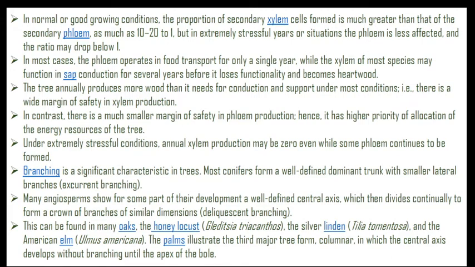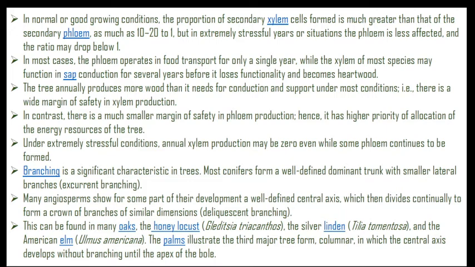So these xylem cells, which are developed in much greater amount as compared to phloem, become mechanical support. In contrast, there is a much smaller margin of safety in phloem production. So that's why it has higher priority in allocation of the energy resources of the tree, because it is conducting food material.